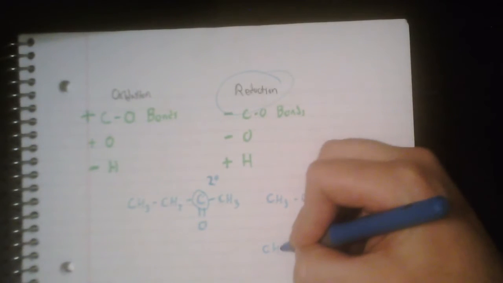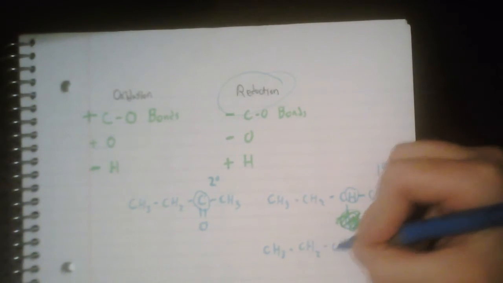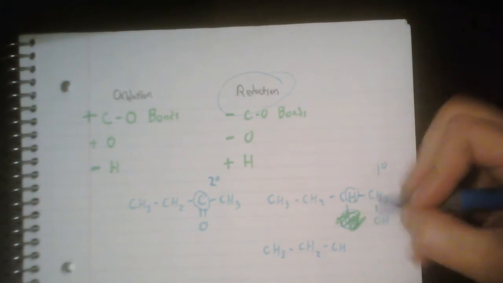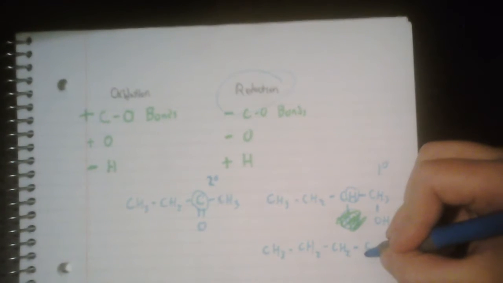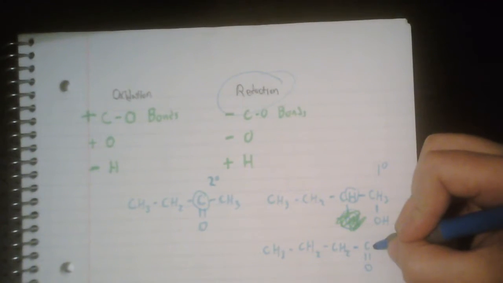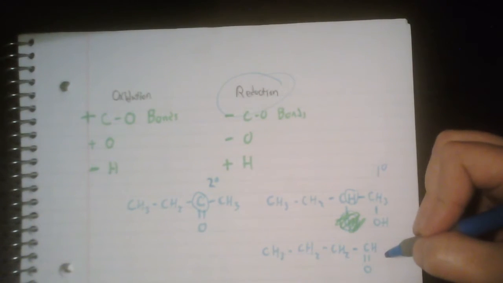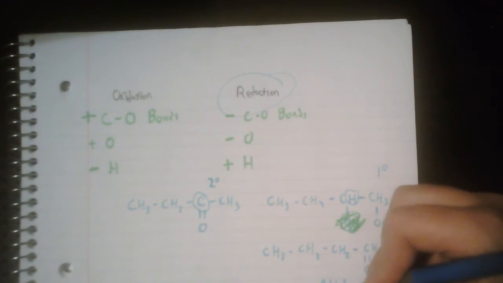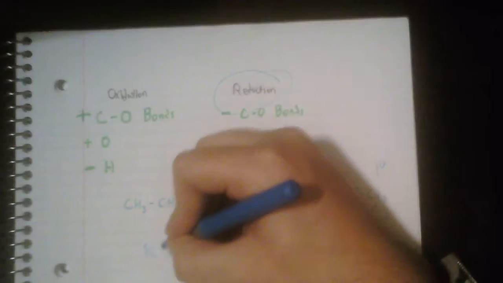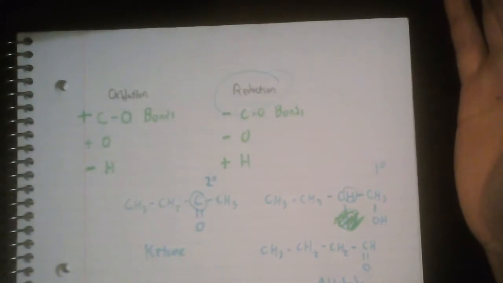So CH3, CH2, CH2, and then this guy is going to be a C double bonded with oxygen, and you'll have one H. So this guy here is an aldehyde, and this guy is a ketone. First degree, second degree. Third degree don't do anything, they don't react this way.